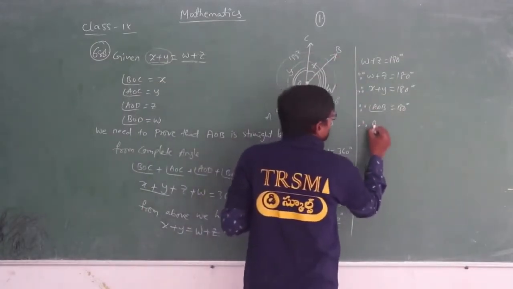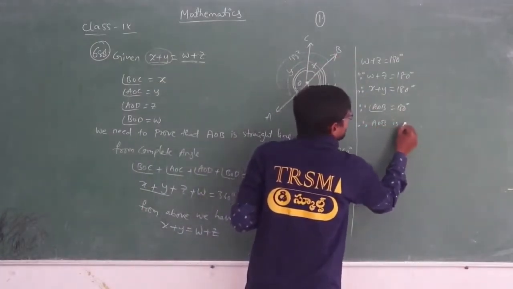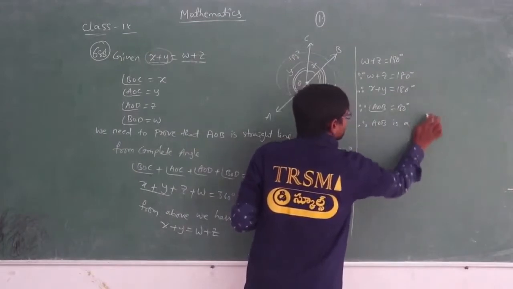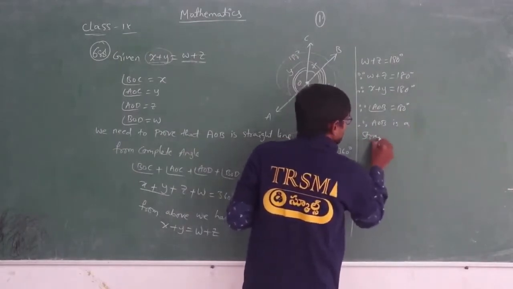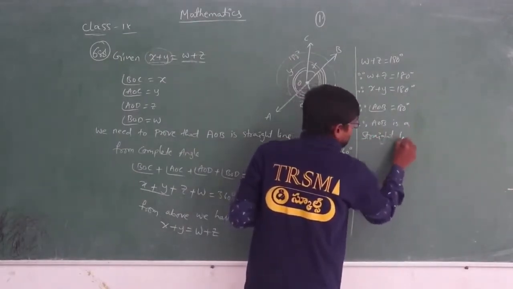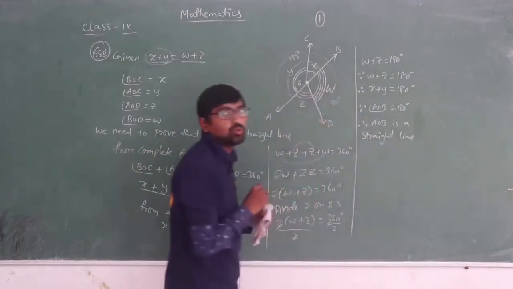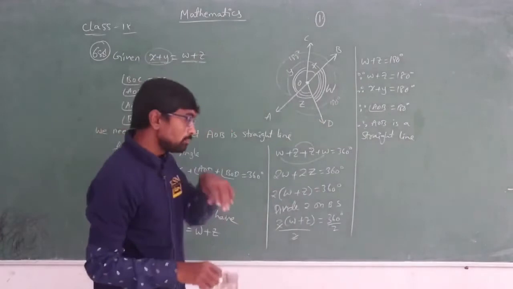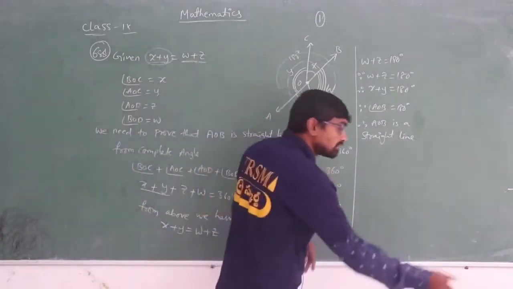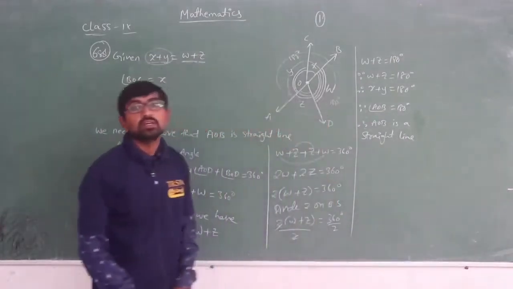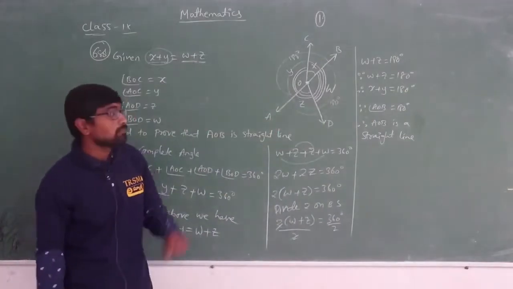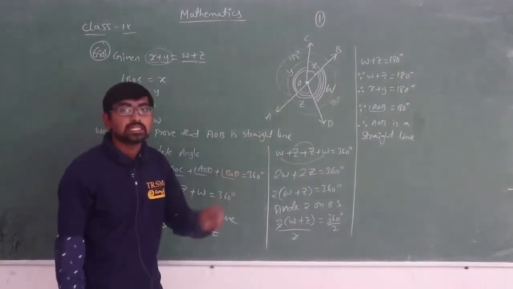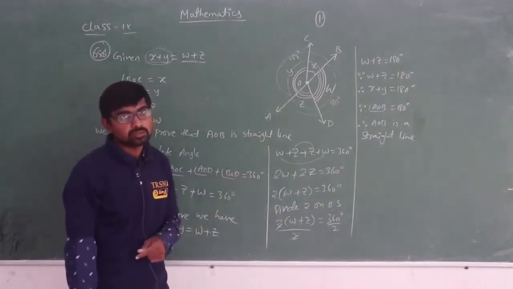AOB is a straight line, isn't it? Till now, in the previous problems, we have just discussed the variables when the straight line was given, but this problem is a little bit different from the others.